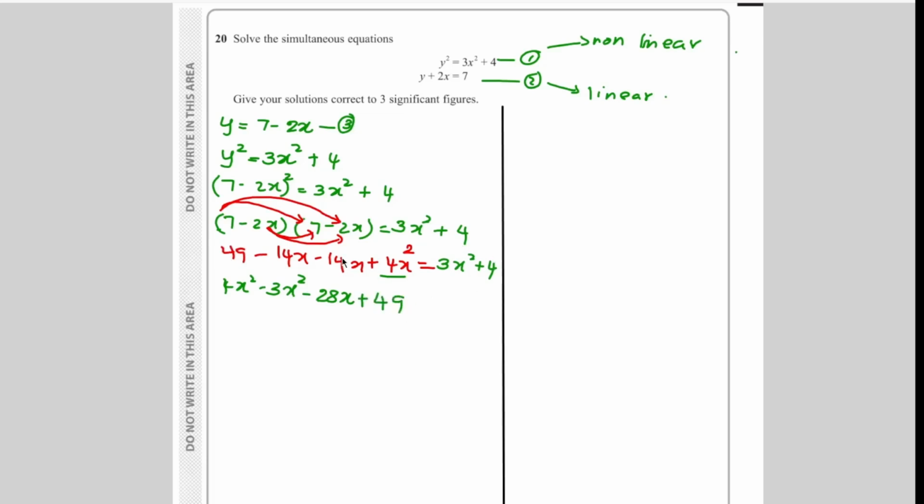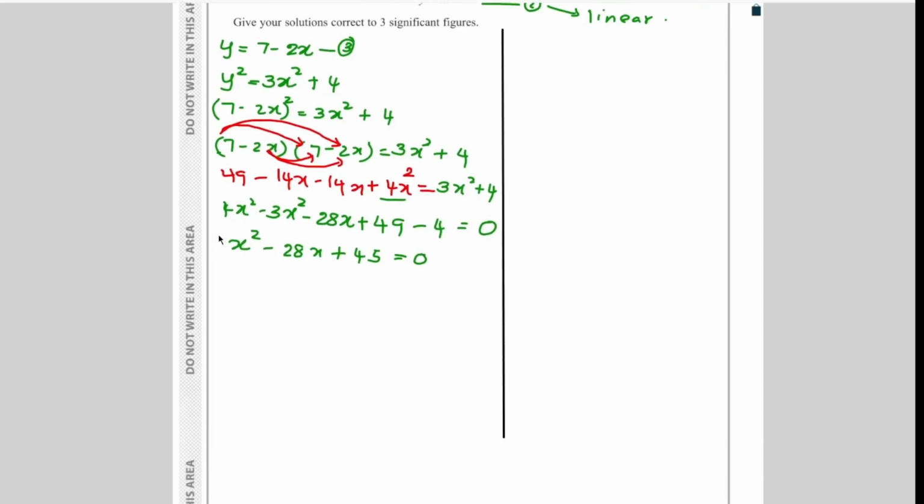This one we are crossing the equal sign, minus 4, equals 0. Then 4x squared minus 3x squared is x squared, minus 28x, plus 45, equals 0.